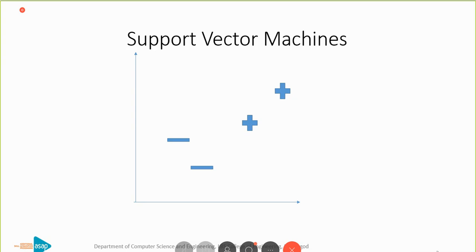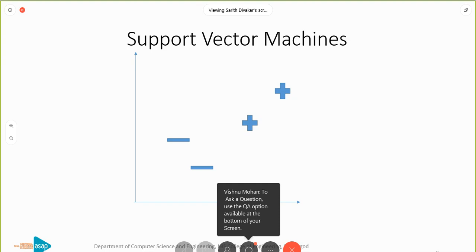Now, what is our aim? Our aim is to divide the vector space with a decision boundary. So how will you divide this vector space with a decision boundary? Why are you going to divide it?